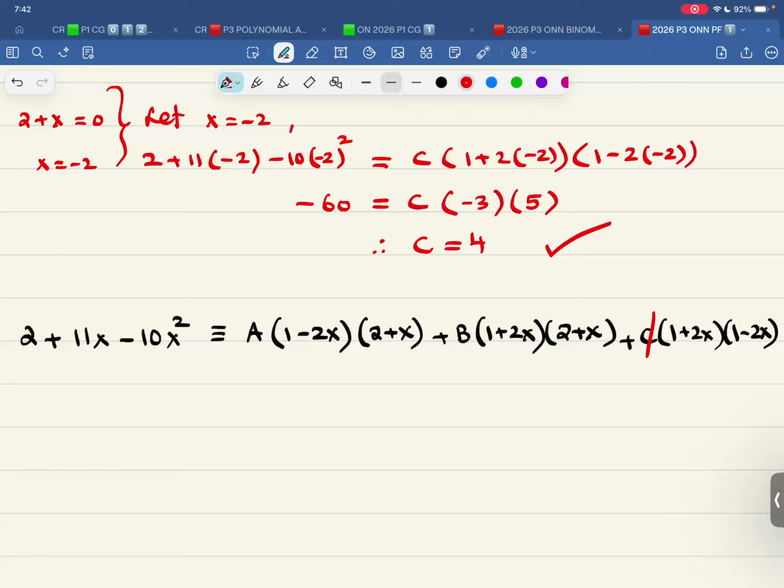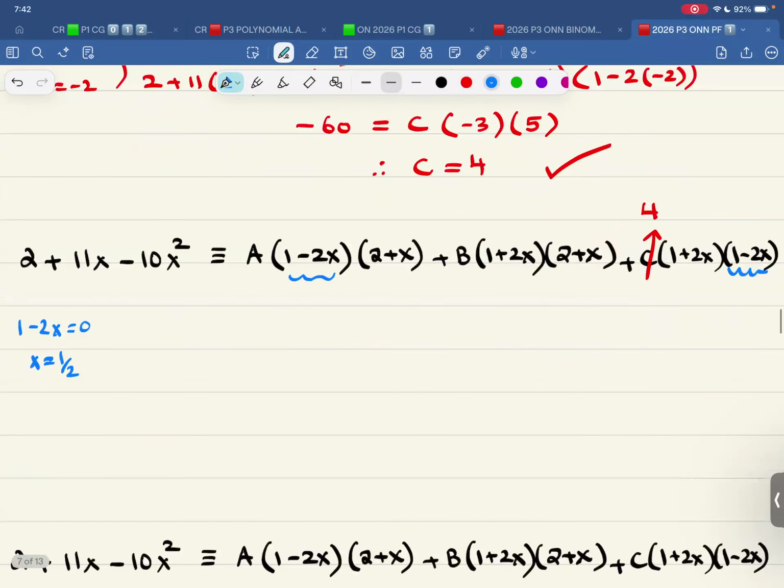Whatever you have found, let's make a habit of writing it. Whether it's useful or not, let's make a habit of writing it. Now this thing is done. Let me choose another value. If I focus on this bracket, 1 minus 2x, that means 1 minus 2x equals to 0, x is equals to half. Again, let me choose the value, x is equals to half.